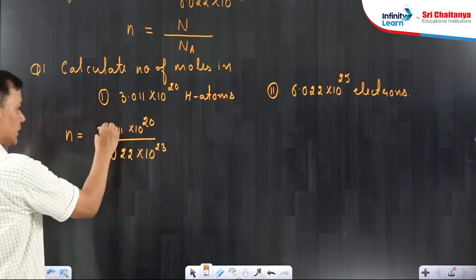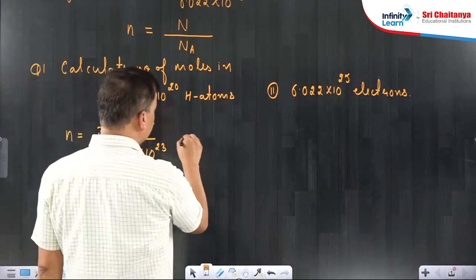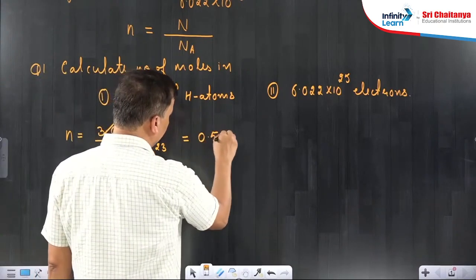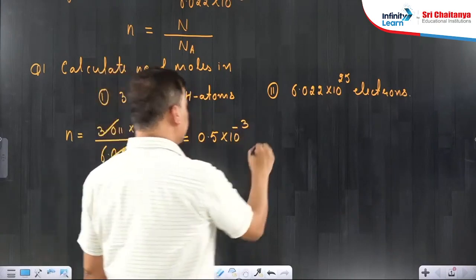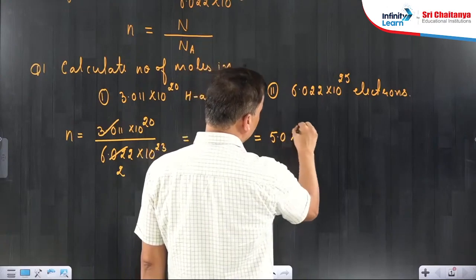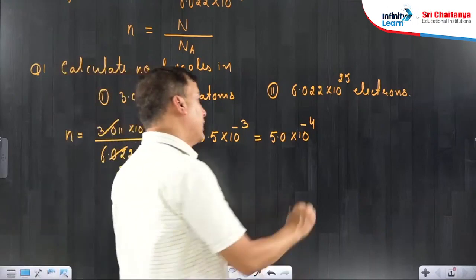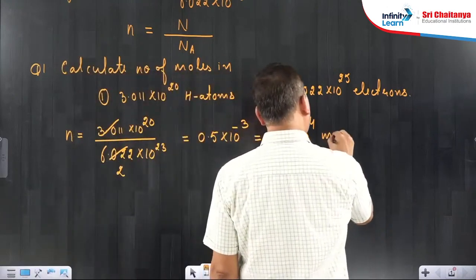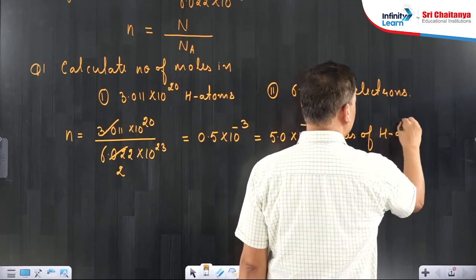Am I clear? This is 1 by 2, 0.5. That is equal to 0.5 into 10 raised to power minus 3, that is equal to 5.0 into 10 raised to power minus 4. What are these? Moles of hydrogen atoms.